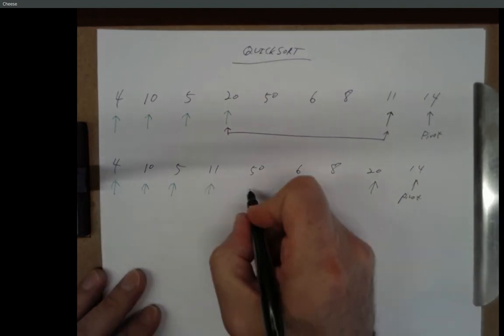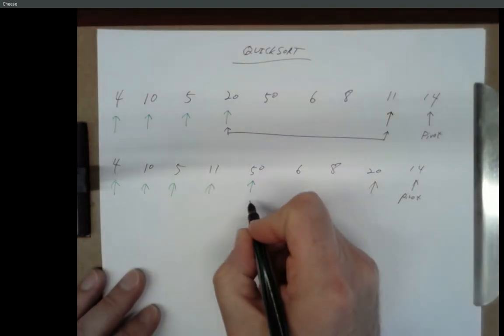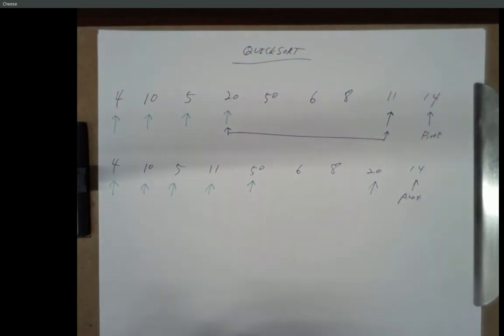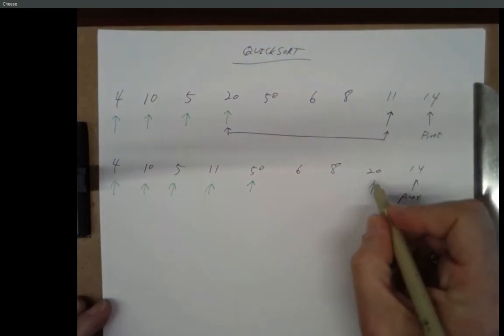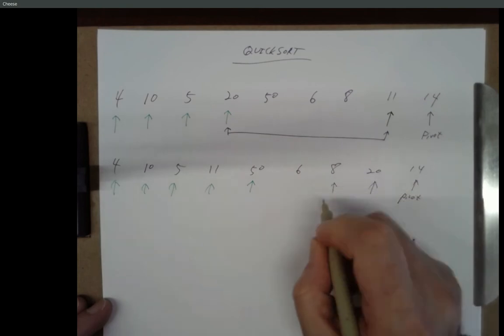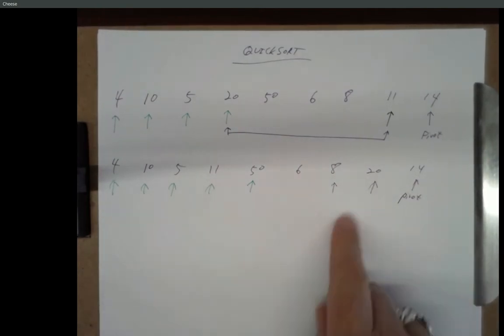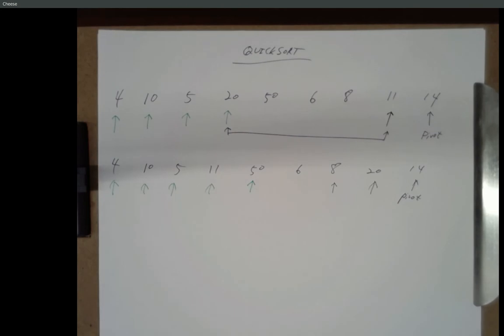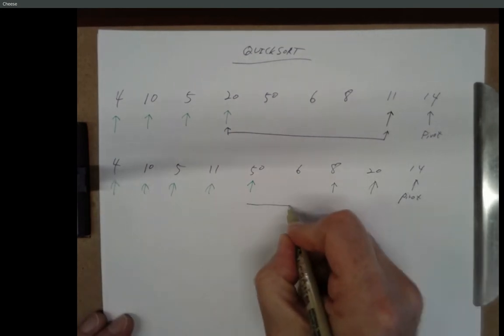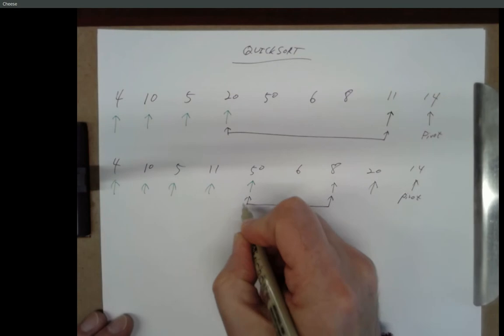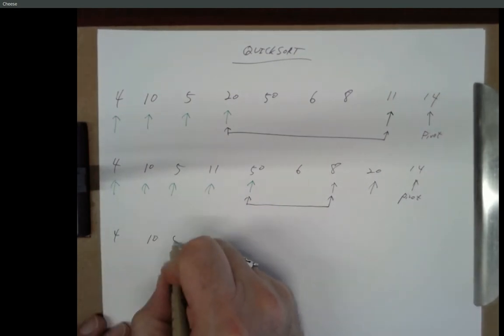So move over to the next spot. There's a 50. 50 is bigger than 14, so we stop. We come over to the right. We move over to the 8. 8 is smaller than 14, so we stop. And again, the 50 and the 8 should be in each other's place, so we're going to swap those. So now our numbers look like this.